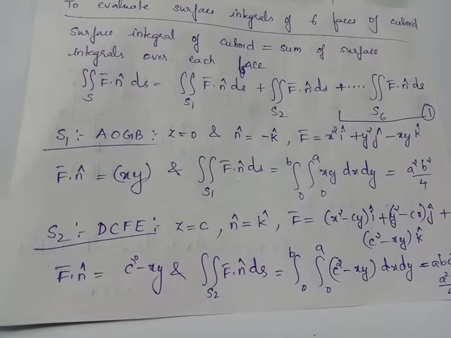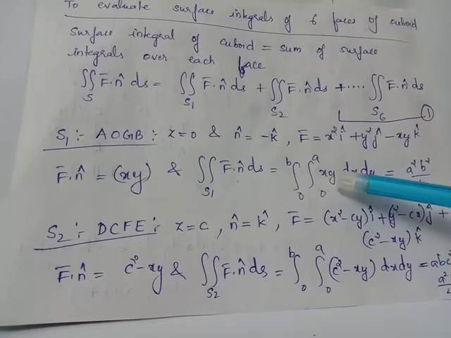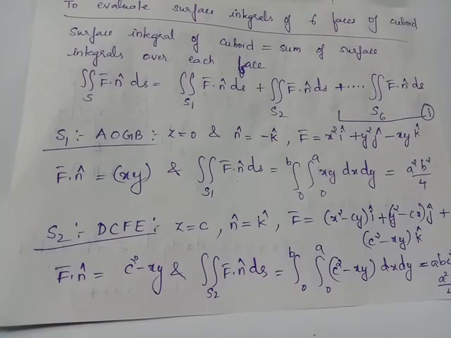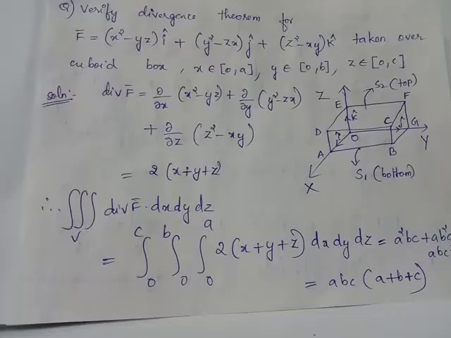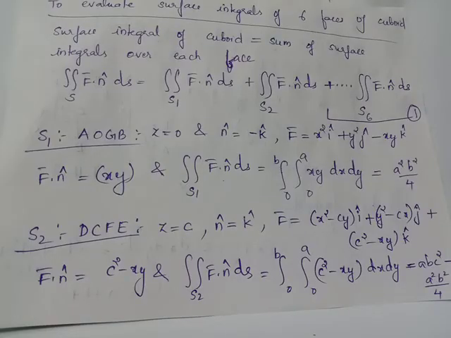Therefore, the surface integral along surface S1 will be integral 0 to b integral 0 to a xy dx dy. The order of integration doesn't matter here, and the range of variation of all the variables has been specifically given in the question itself. Now we will evaluate the surface integral along the surface S2. S2 satisfies the equation z equals c.